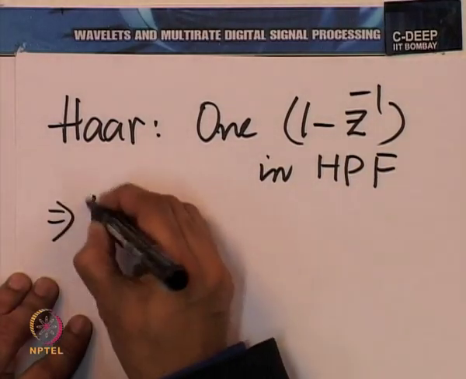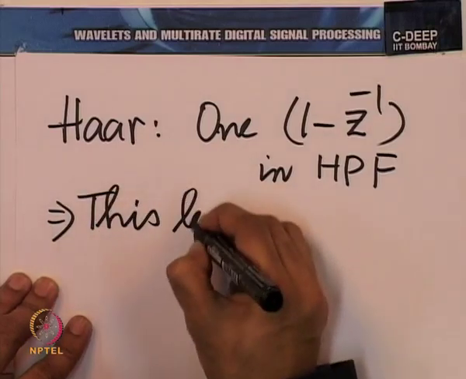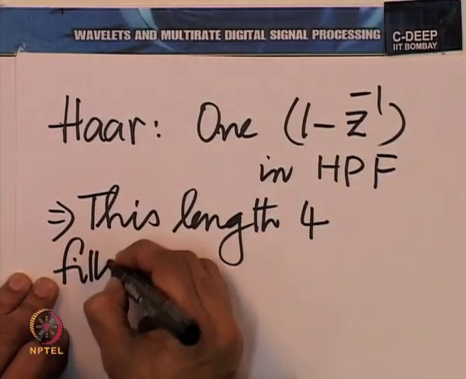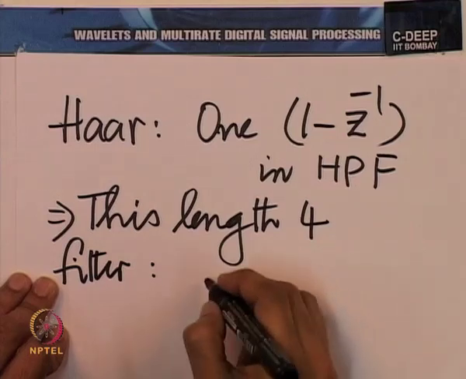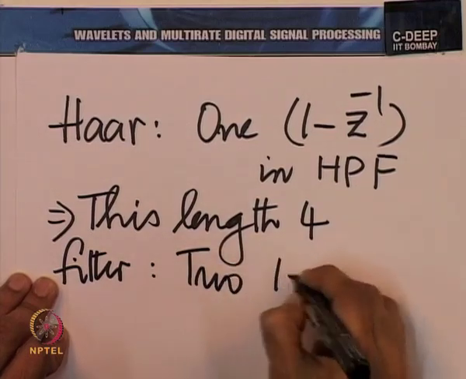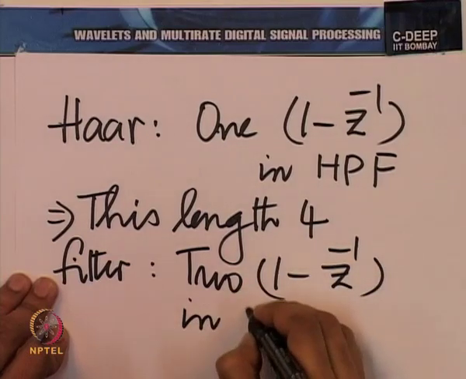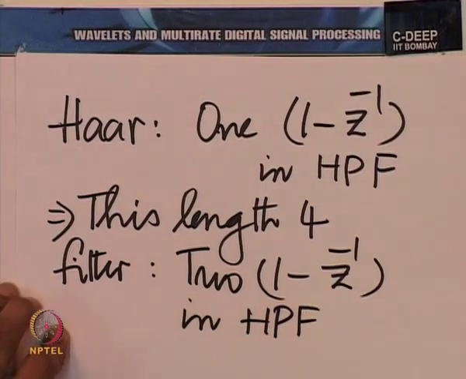So, this length 4 filter would have two factors, 1 minus z inverse squared, in the high pass filter.